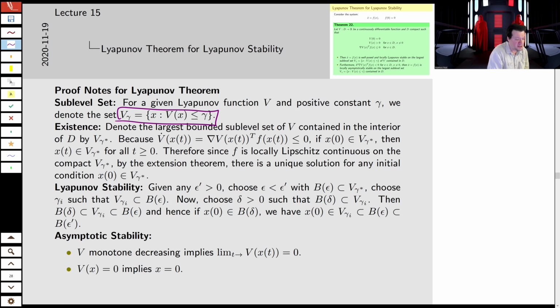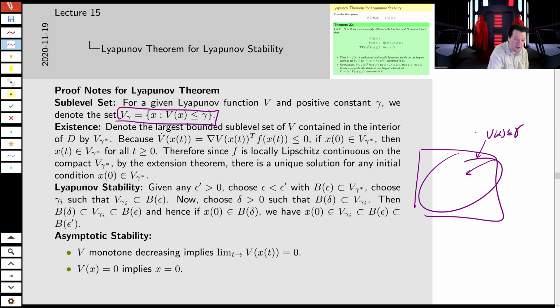For existence, you prove that any solution stays in this V of x less than or equal to gamma.